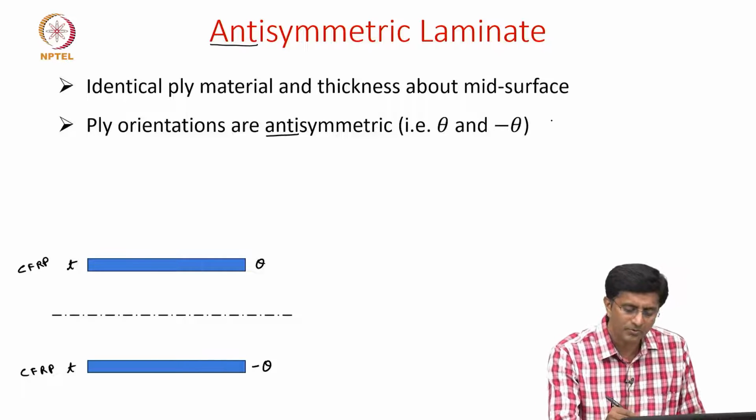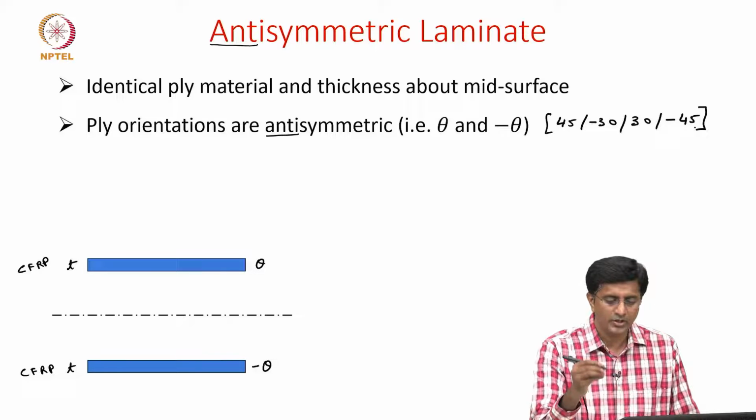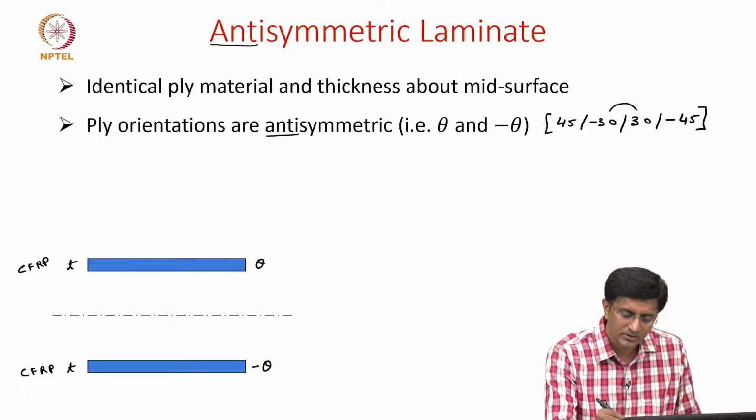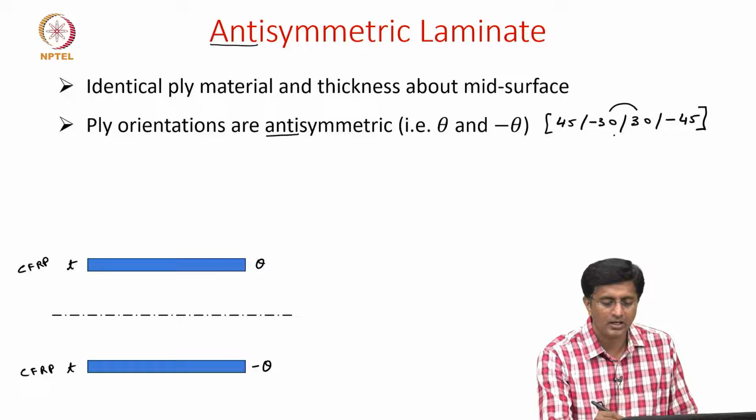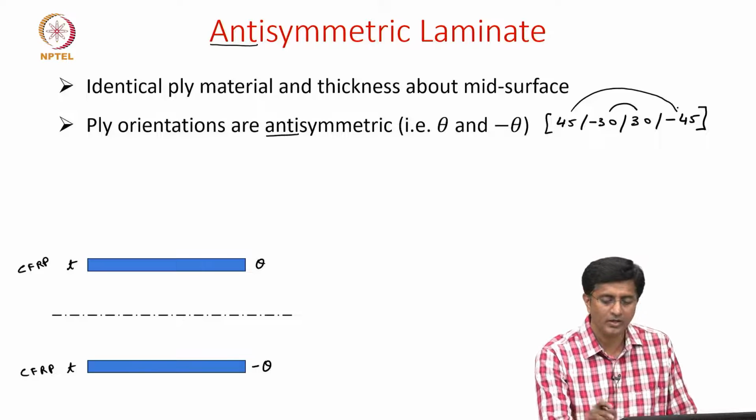This applies for all the layers in the laminate. As an example, we can see something like this: 45, minus 30, 30, minus 45. Here we see that minus 30 and 30 are antisymmetric orientations, and similarly 45 and minus 45 are again antisymmetric orientations.